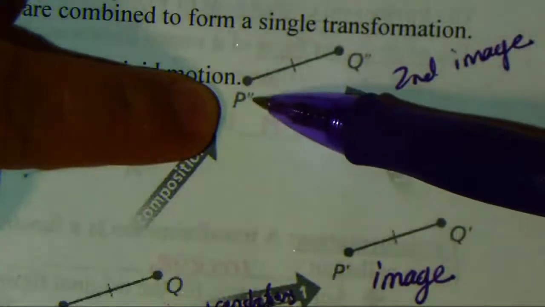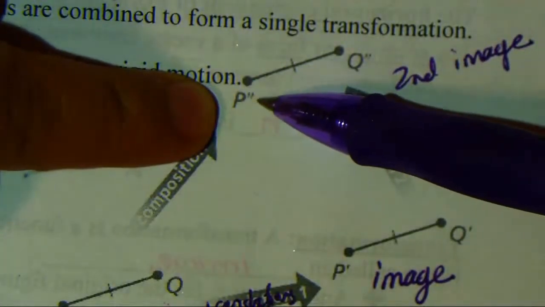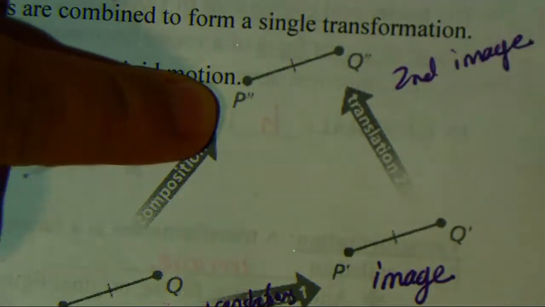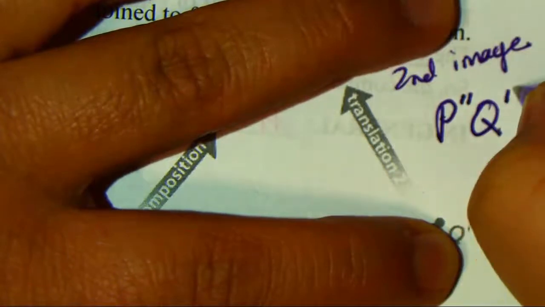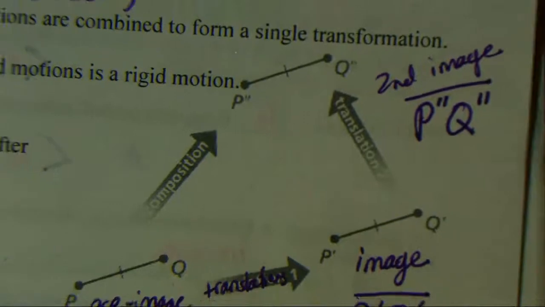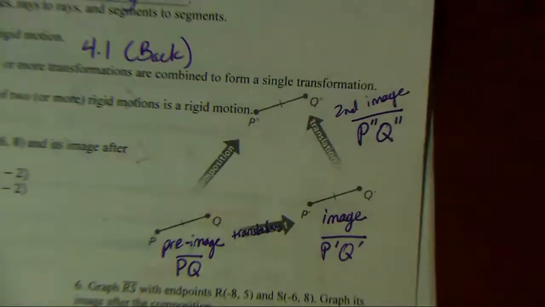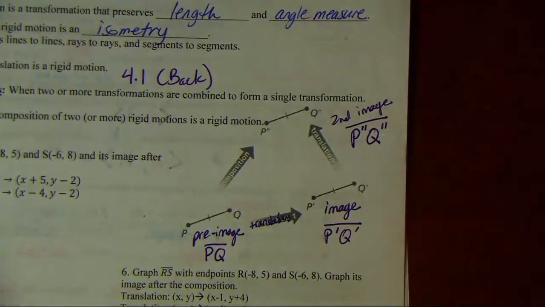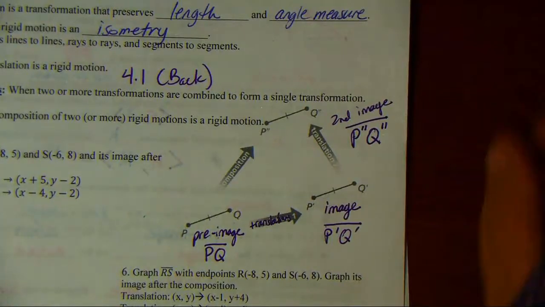We have P double prime, Q double prime. It's that segment right there. So every additional transformation that you do, you add another little apostrophe there, and you call it double or triple or quadruple or quintuple. Now we won't do that many.